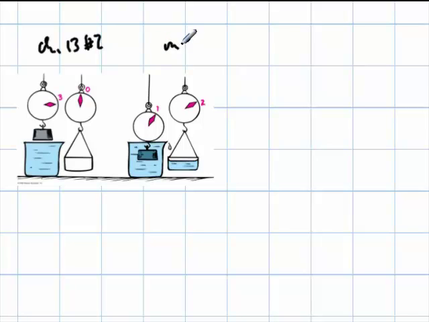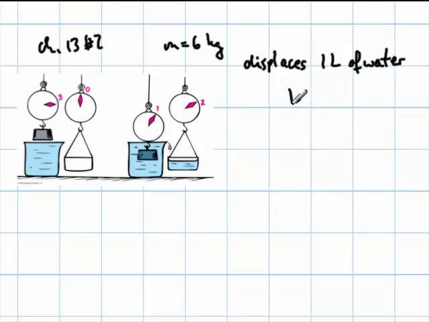So it has a mass of 6 kilograms, and it displaces, when submerged, 1 liter of water. An object that sinks will displace a volume of water equal to its own volume. So that means that as it displaces 1 liter of water, its own volume is also 1 liter.